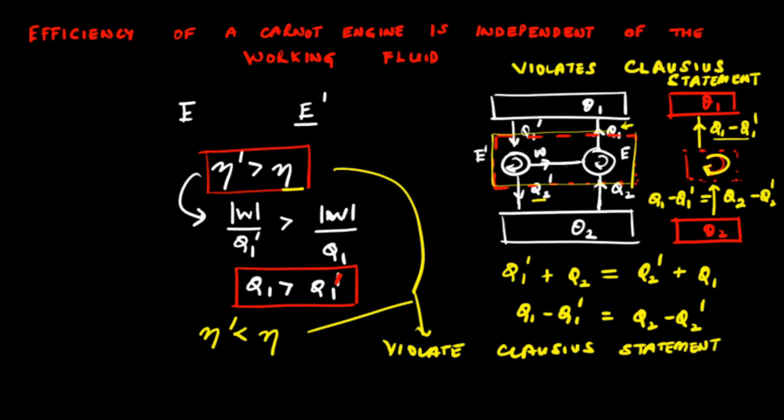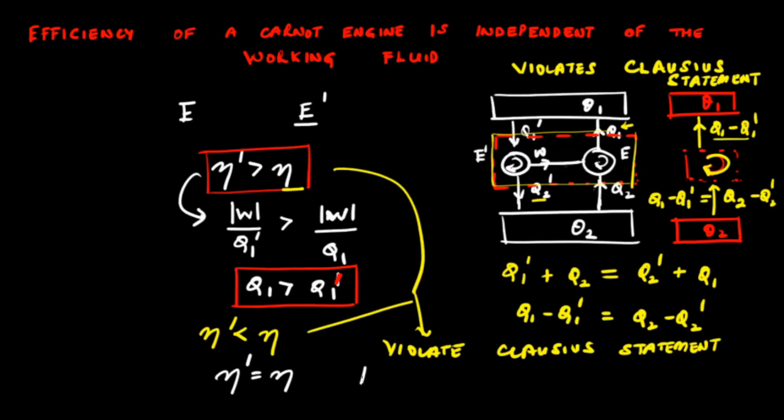Therefore, we conclude that the efficiency of the Carnot engine is independent of the working fluid. So no matter what working fluid you choose, the efficiency of a Carnot engine operating between the same thermal reservoirs at temperatures theta 1 and theta 2 is going to be the same.